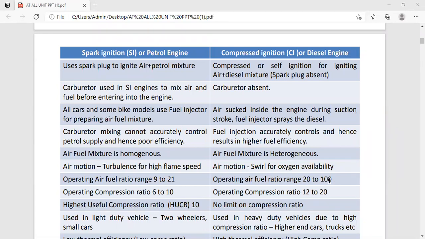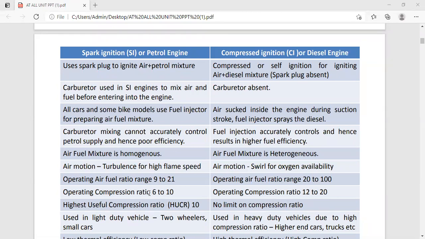Next, compression ratio: the SI engine has a compression ratio between 6 to 10, but in the CI engine the compression ratio is 12 to 20.